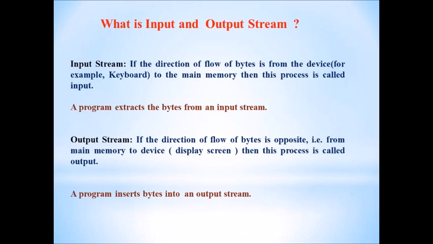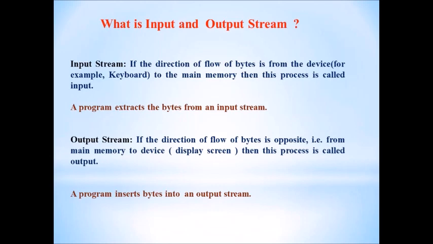Similarly, output operation is the opposite case. The direction of flow of bytes is from memory, that is the main memory, to device, that is the display screen. That means the program inserts bytes into the output stream.